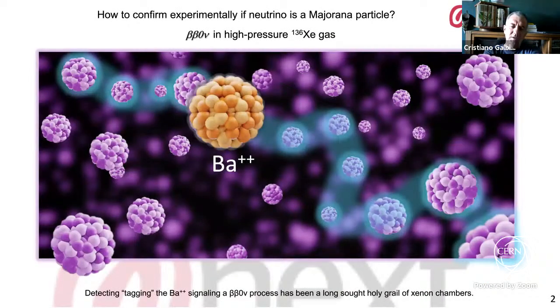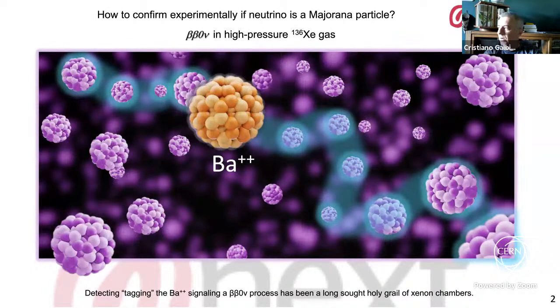Another interesting avenue for the xenon-based detection of neutrinoless double beta decay is the NEXT project. NEXT is a TPC of xenon gas, which is turning its attention in a very interesting way towards the identification of the barium ion.